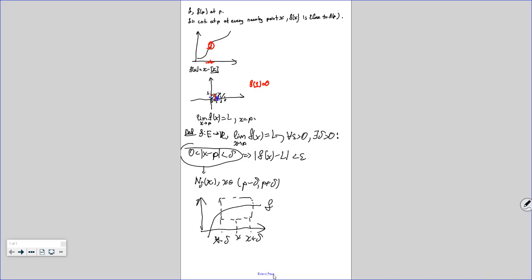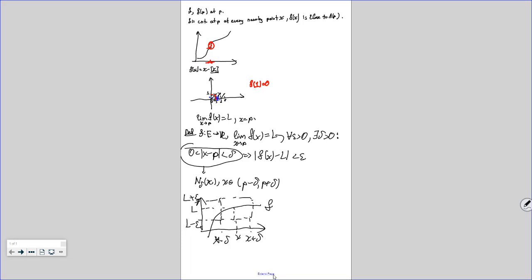And we say that for points that are between x minus delta and x plus delta, the distance between the function and L should be less than epsilon.